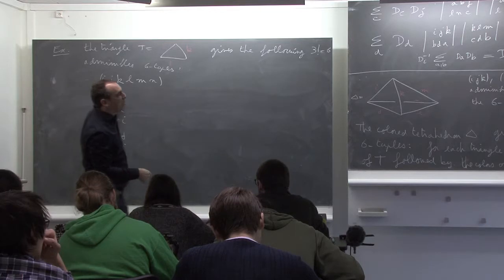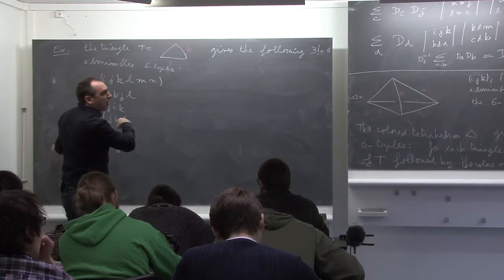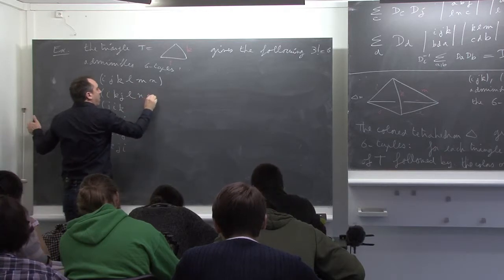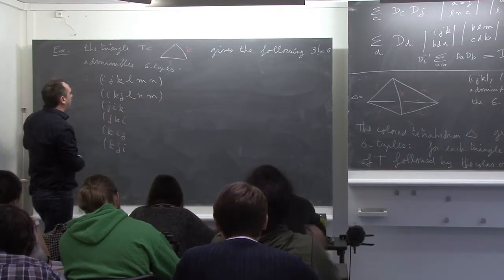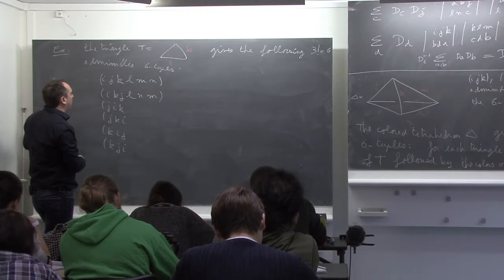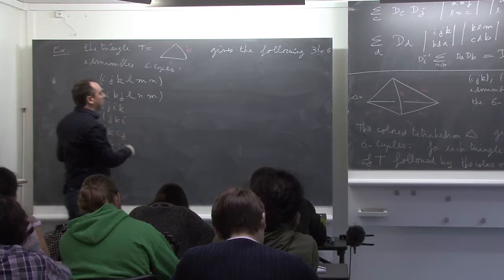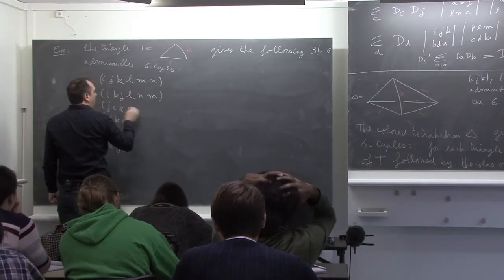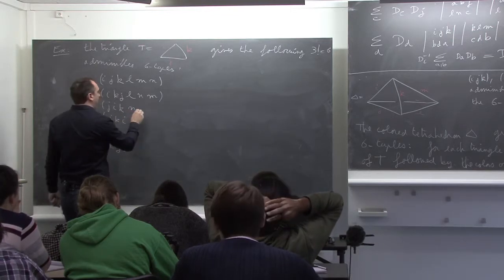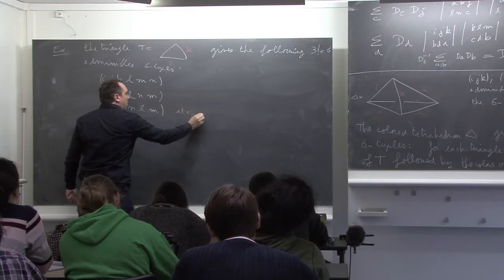The opposite edge of I is L, K is N, M, I, G, K. So J is N, I, L, K, M, so etc. Okay.